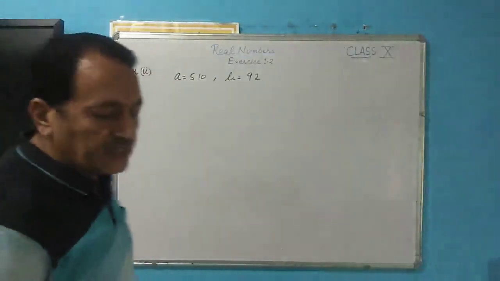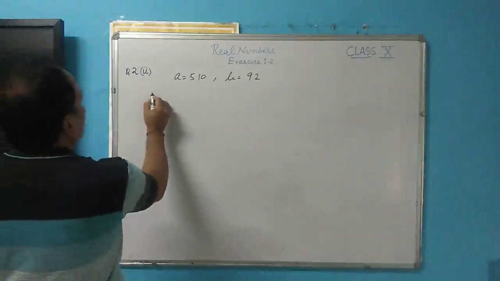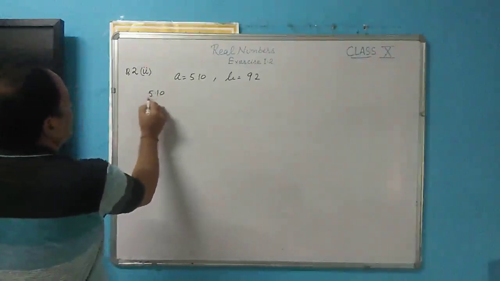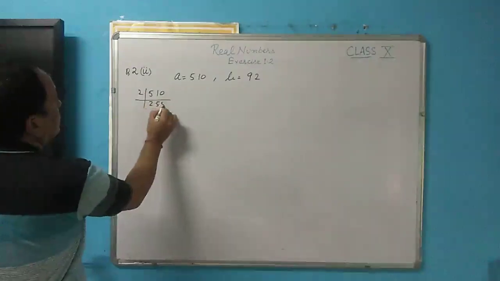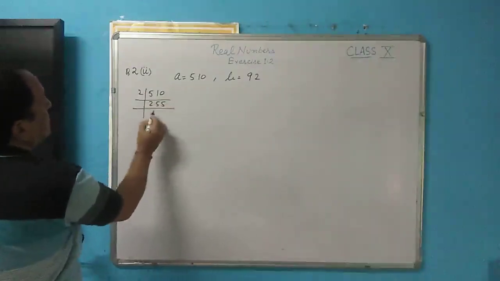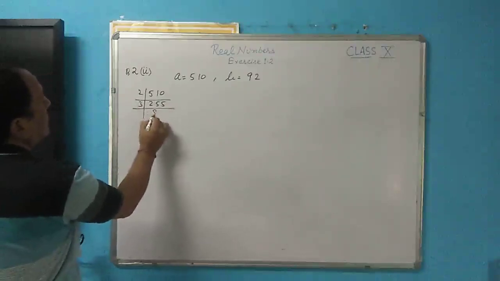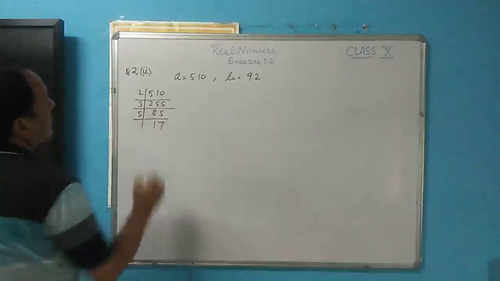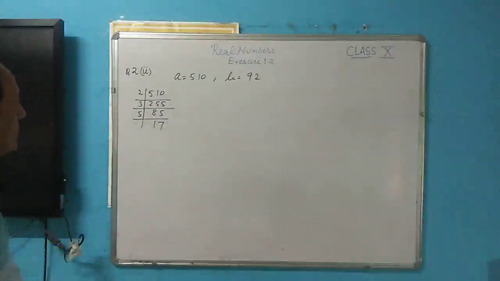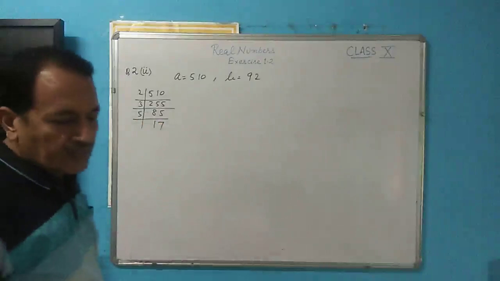First of all, we will find the prime factors of 510. It will be divisible by 2. Again, it will be divisible by 3. Now it will be divisible by 5. So the prime factors of 510 are 2, 3, 5 and 17.